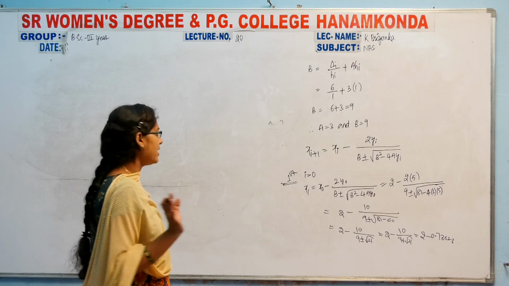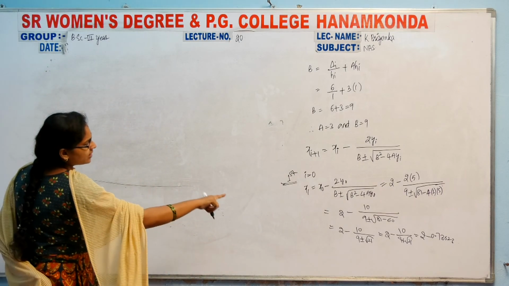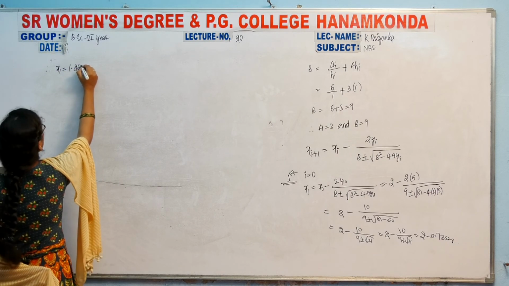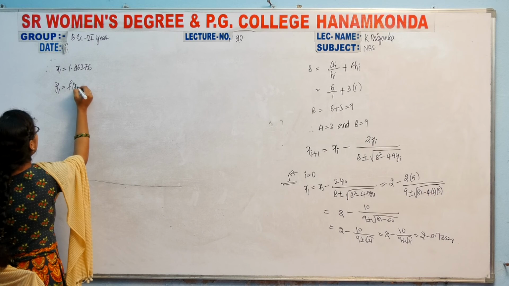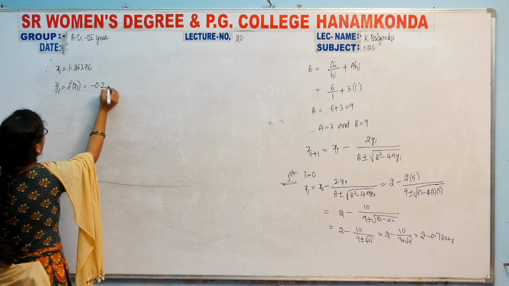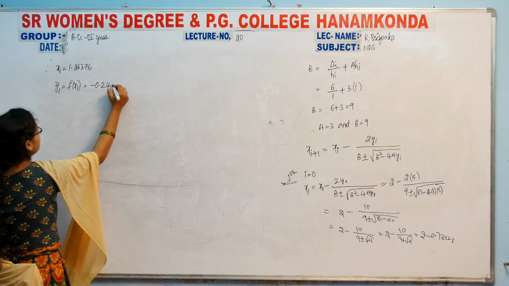Now here what I have? x1. So till now we have the value x1 is equal to 1.26376. By substituting it in the functional value, then what we have? We have minus 0.24542.